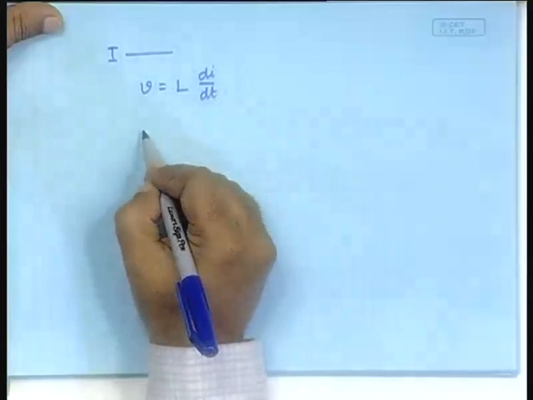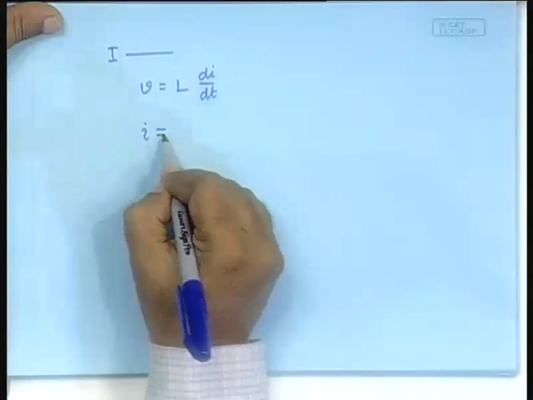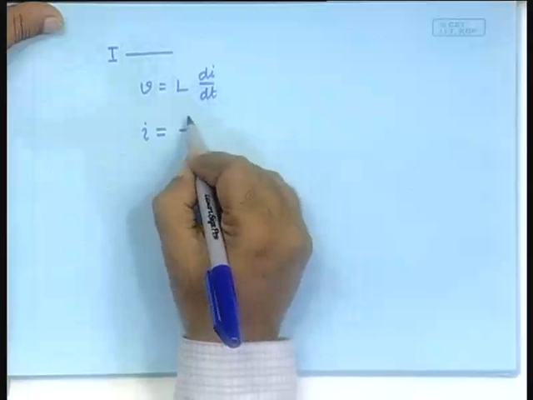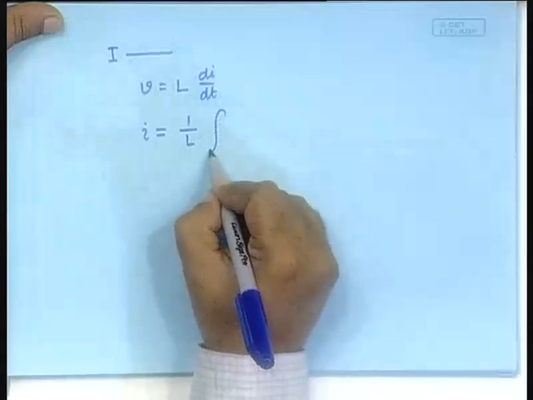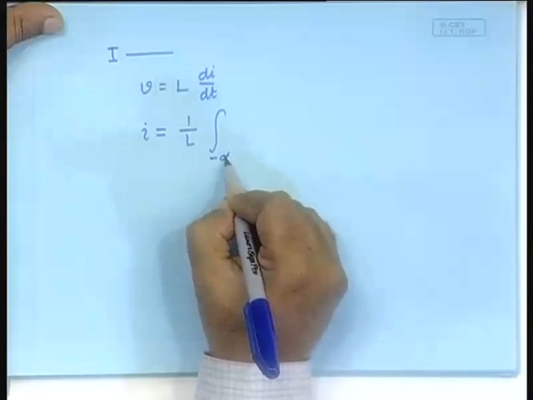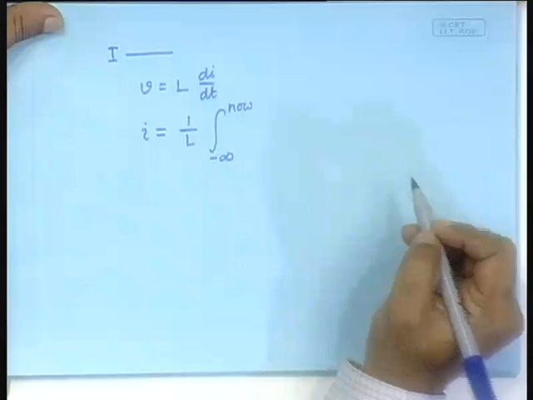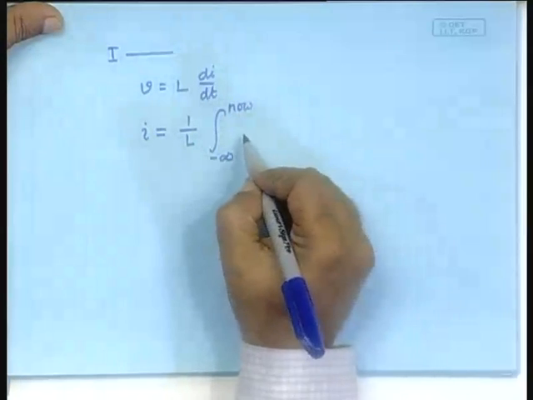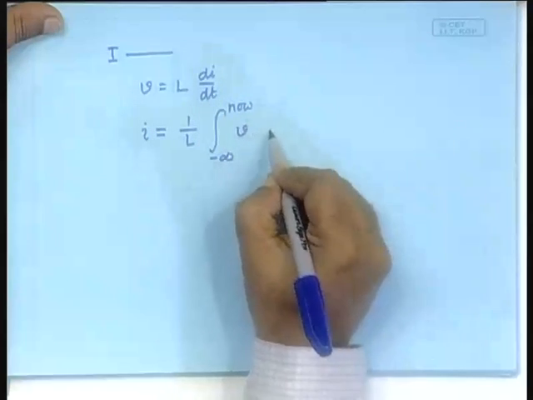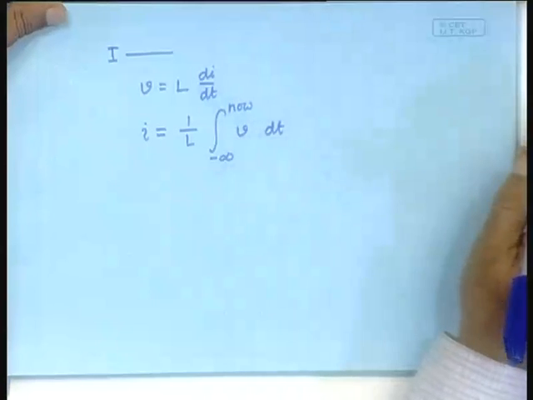That tells that I is 1 by L integral from minus infinity to now of V dt, right.